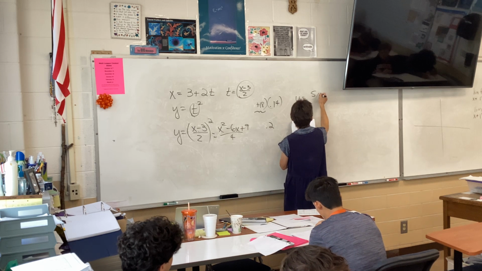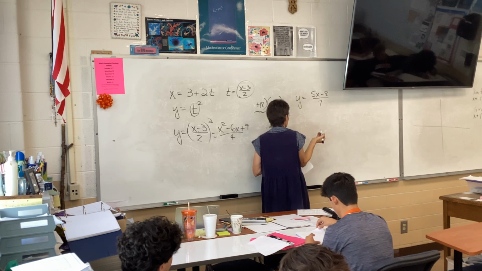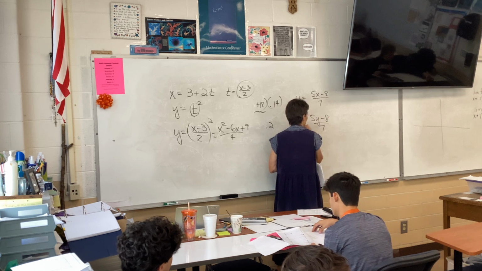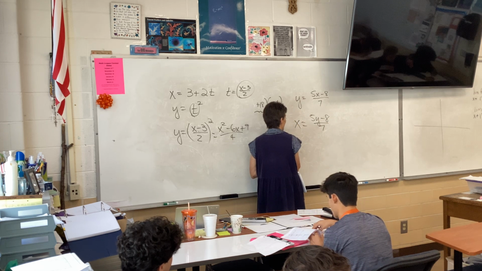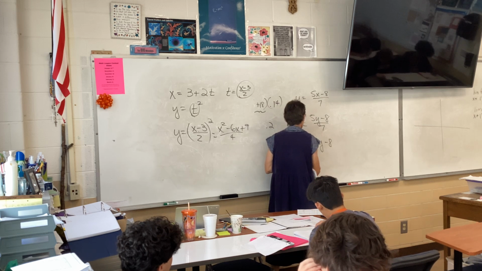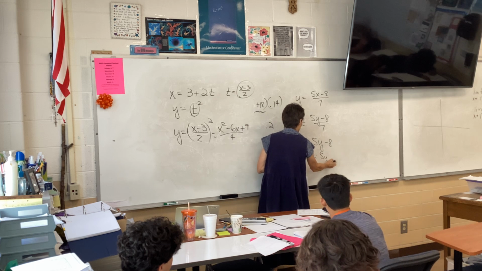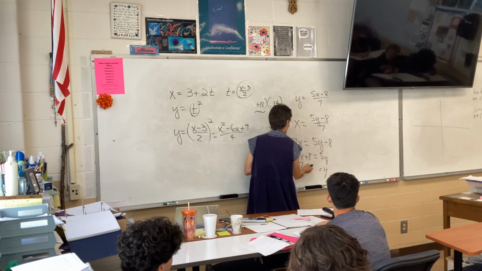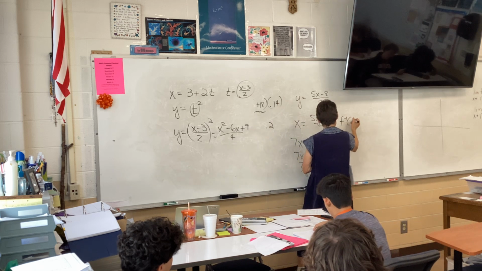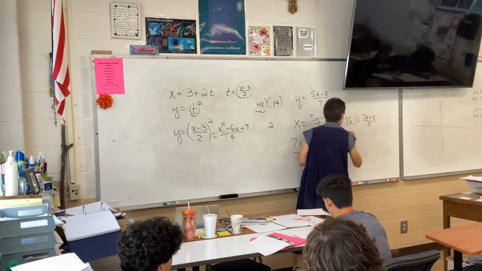So here is the function. To find the inverse, I'll switch my variables and solve for y. This one is much easier because there's only one y. So there's the inverse right there. The inverse is going to be 7x plus 8 over 5.